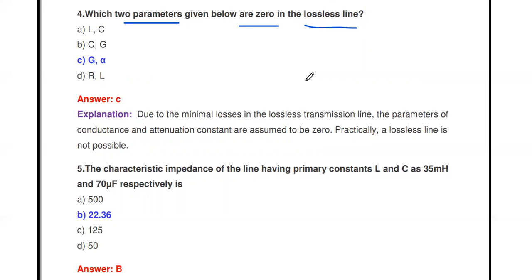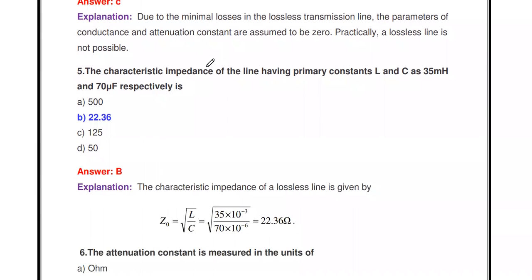For a lossless transmission line, the G value and alpha value are equal to 0. G is the conductance, so the conductance value is 0, as well as the attenuation constant, since a lossless transmission line means there is no attenuation.